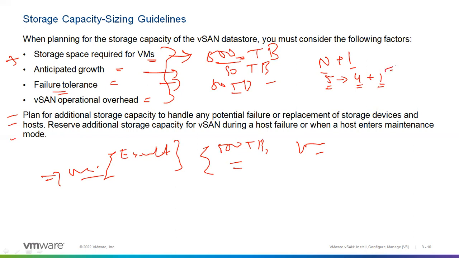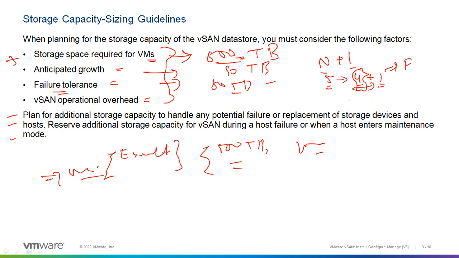So if any 1 node fails out of these 5, then the rest of the 4 will be okay to maintain sufficient capacity for your cluster. So if I am making a 5-node cluster, out of it one node's storage capacity I am considering as my reserve capacity.